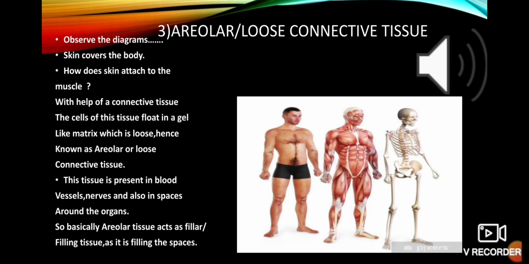Now we can compare this structure to the liquid state of matter. As the molecules are a little far from each other and gaps are there, similarly here the cells are a little far from each other and they are loosely packed with floating gel matrix. Therefore these tissues have been named areolar or loose connective tissue, basically acting as a filling tissue and protecting the organs.